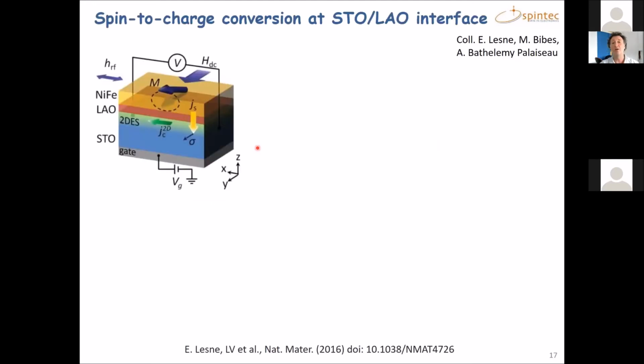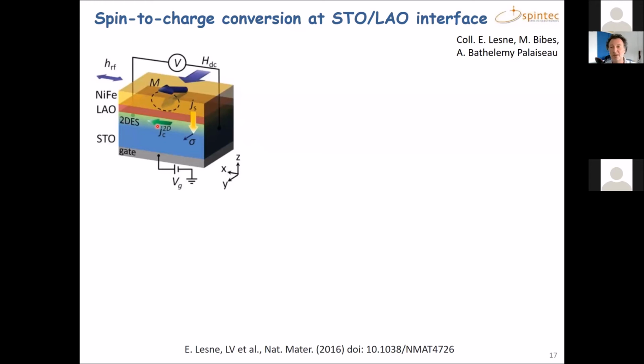So the STO-LAO system is a well-known system for a bit more than 15 years. While they are both insulators, STO and LAO, when you put them together, you form a two-dimensional electron gas.